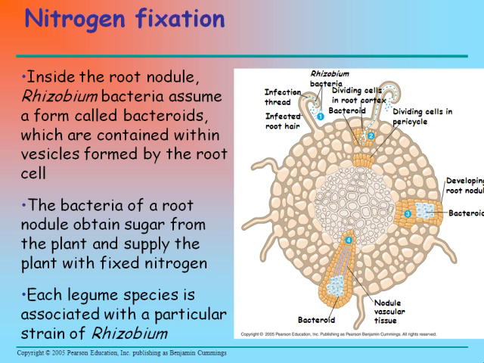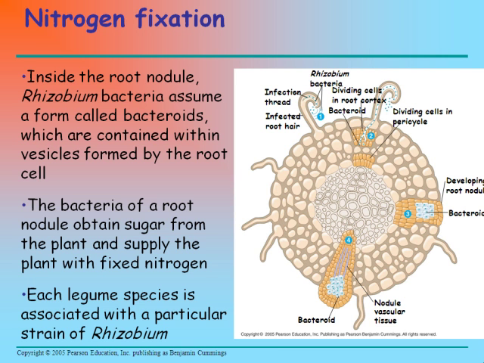Okay? Then growth continues over here in the infected regions of the cortex and pericycle, and these two masses of dividing cells fuse, forming a nodule. So here's a bacteroid with a developing root nodule here, and here is the root nodule with the bacteroid.